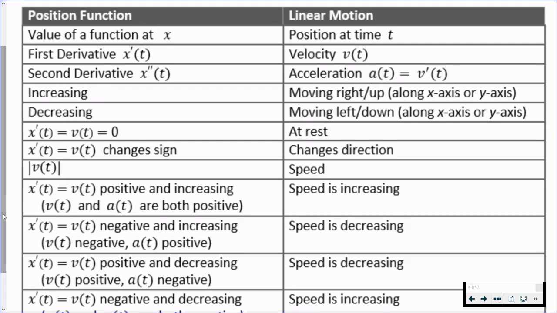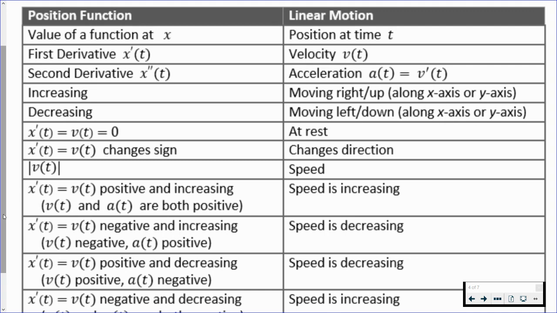We may be finding a first derivative and evaluating where it's positive or negative, but instead of saying where is this increasing, where is this decreasing, we might be asking how is the particle or the object moving. Is it moving left, right, or up or down, depending on what kind of axis it's moving along. So this is just to talk about how we might be doing the same thing, but how it is going to be worded when we're talking about motion.